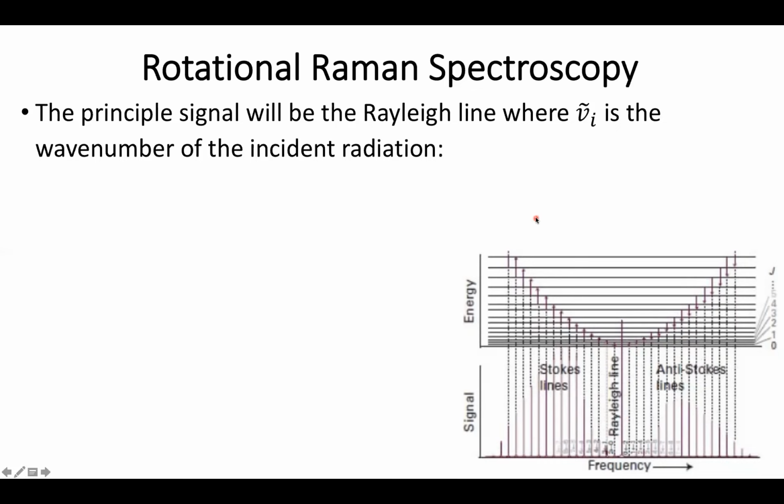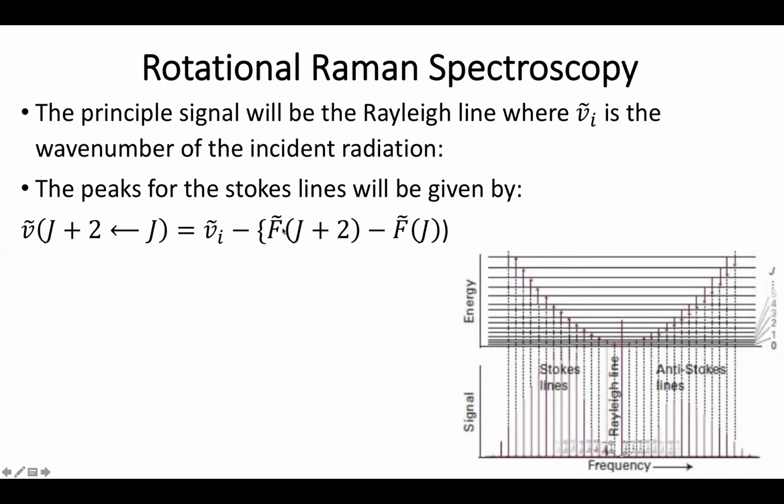So let's start with the Stokes line. At this point, what I'm going to be interested in is the wave number of the transition from state J to J plus 2. So this is essentially where I'll start, say at state J, I'll jump way up, and then when I fall back down, I'm measuring the light of when I fall to that increased state.